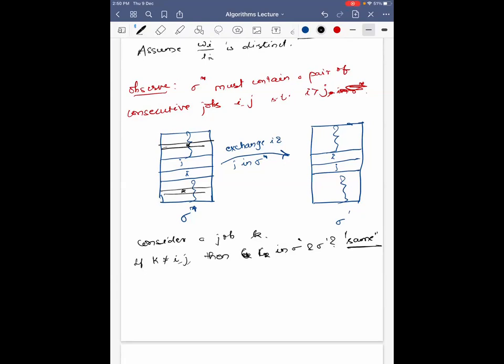So any job which is not I and J, its completion time remains unaffected.